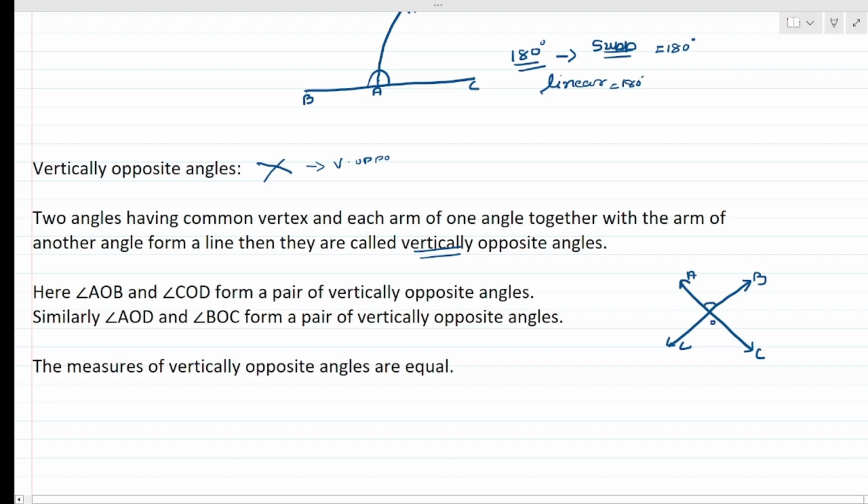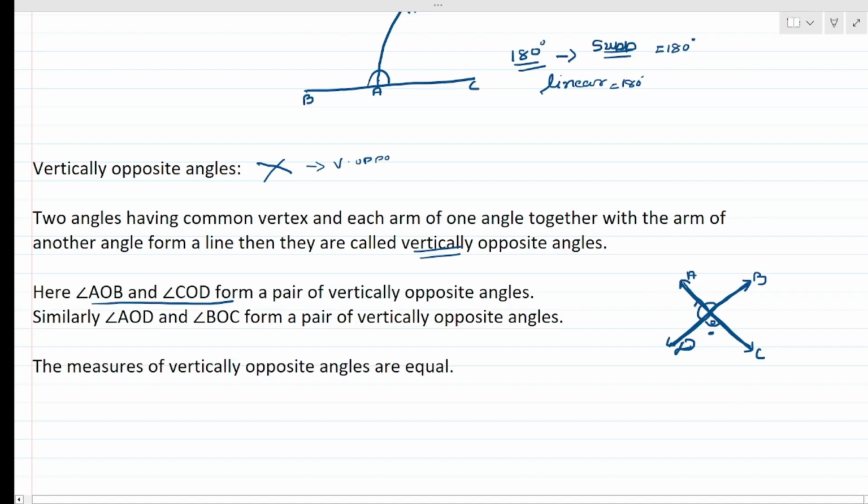For my first case, the vertically opposite angle is angle AOB, which is opposite to angle COD. These are my vertically opposite angles. First pair, as you can clearly see over here, angle AOB is opposite to angle COD.